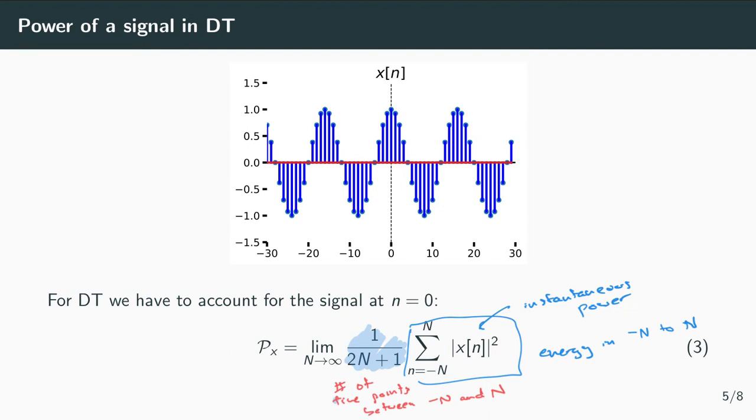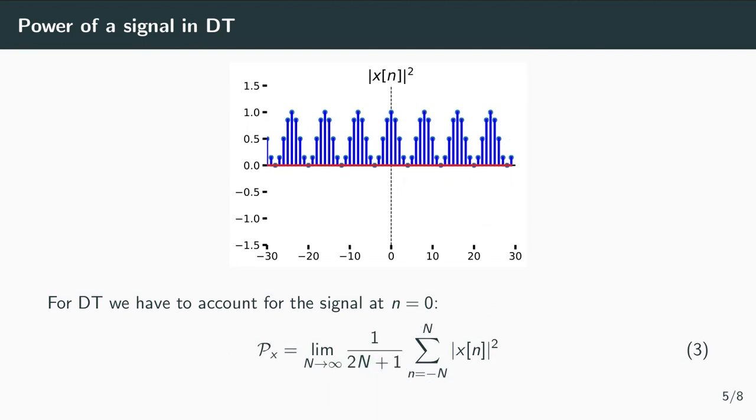If we take a look at that, we again take the instantaneous power, and then we're just adding up, expanding a window and adding up the total height of all those lollipops, these stem plots, that contribute to this instantaneous power.